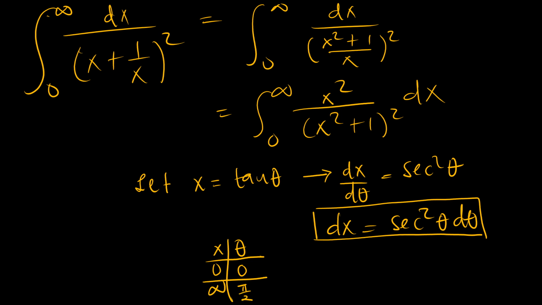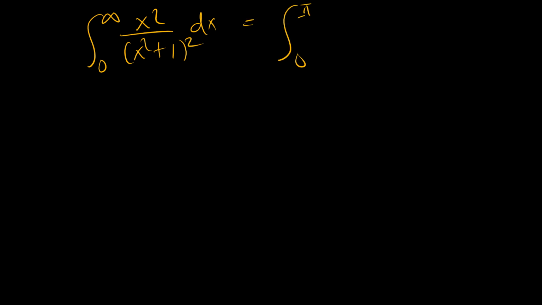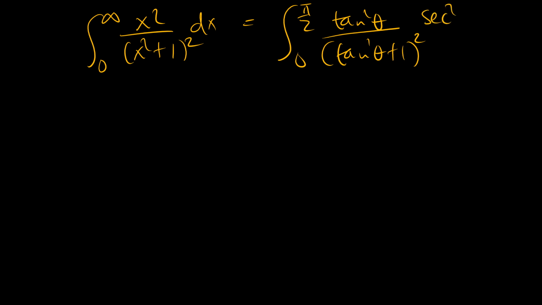Okay. So what does that lead us to? So if we have now the integral from 0 to infinity of x squared over (x squared plus 1) squared dx, this is from 0 to pi over 2 in the theta domain. x squared becomes tan squared theta, and (tan squared theta plus 1) squared, dx becomes sec squared theta d theta.